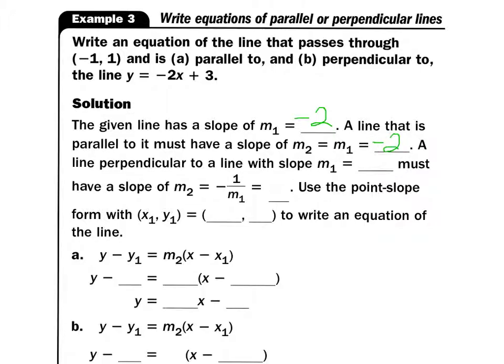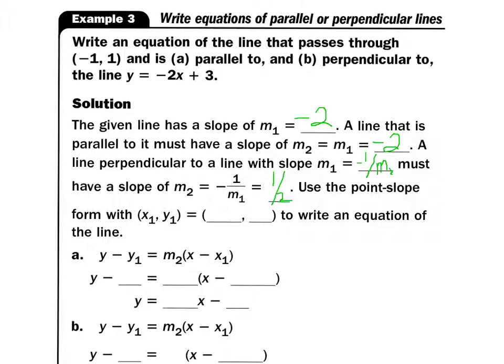A line perpendicular to a line with a slope m1 must have m2 equal to -1 over m1. So flip it over upside down, and then change the sign. So -2 becomes positive 1/2.